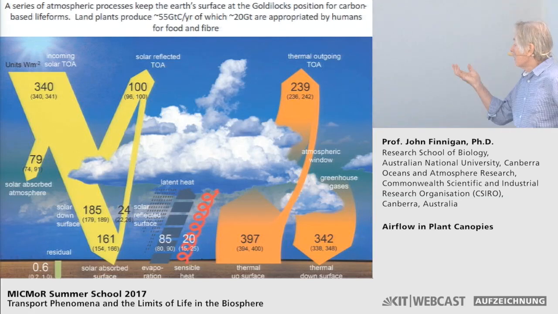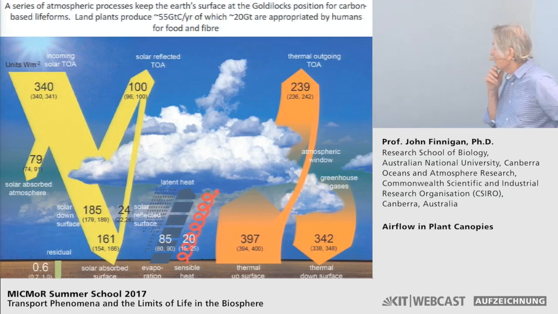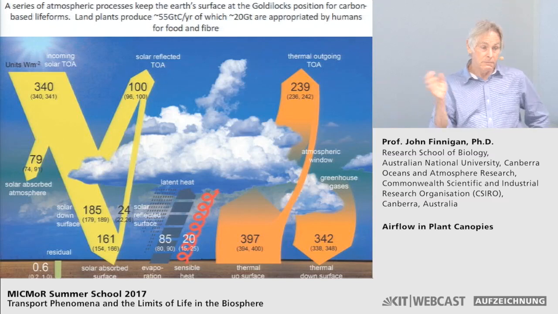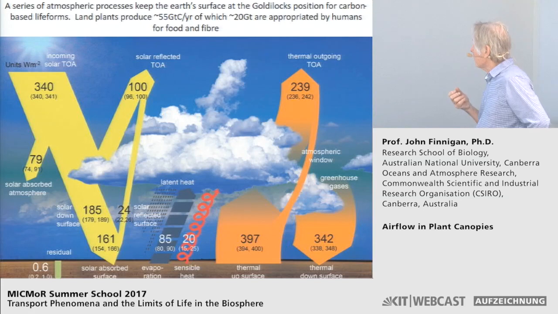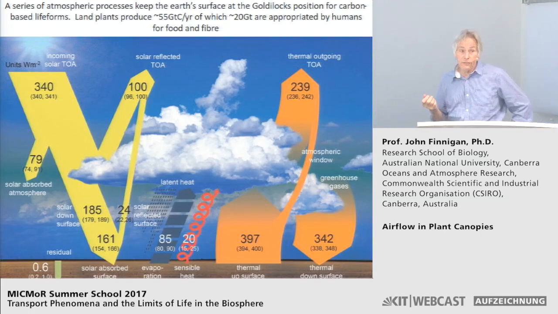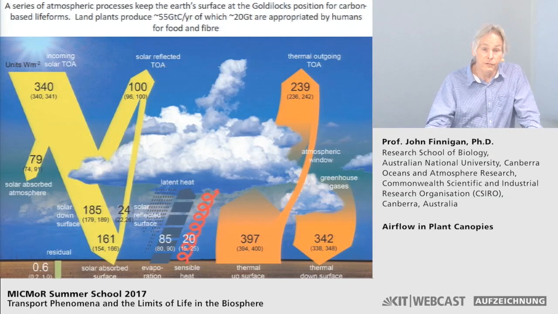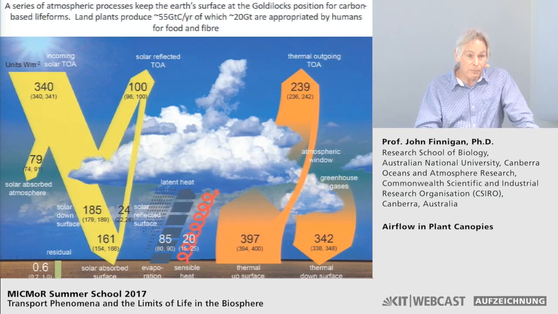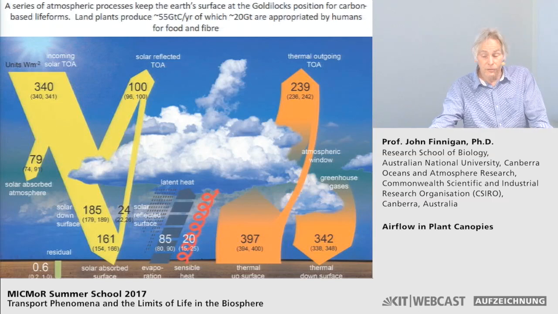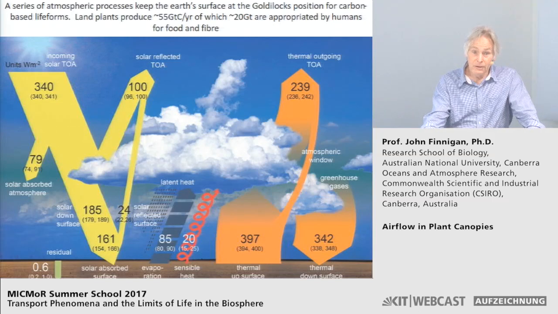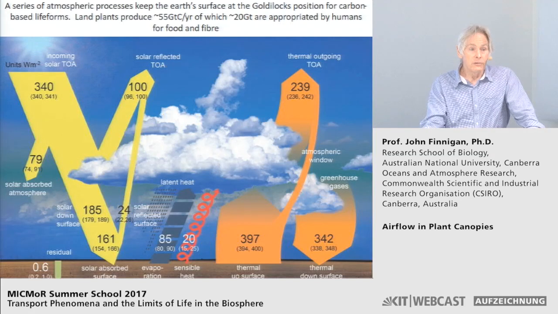So that biological life on the planet, on the land surface, fixes about 55 gigatons of carbon per year, roughly. That's a difficult figure to pin down. But getting on for 40% of this is already appropriated by humans for food and fiber. So we rely pretty much on the amount of carbon that plants are fixing, the work that plants are doing for us. As Gabby said in his talk this morning, looking at the human population singularity, we're assuming that this singularity, as we approach it, can be fed.